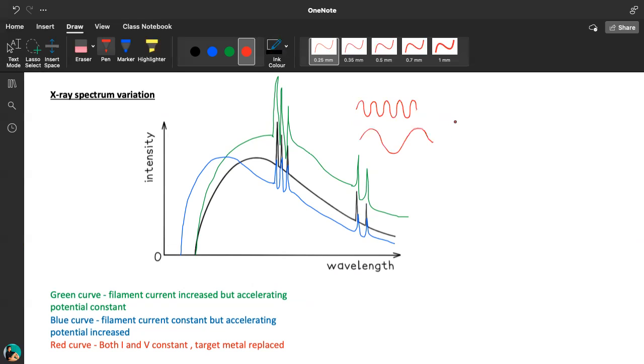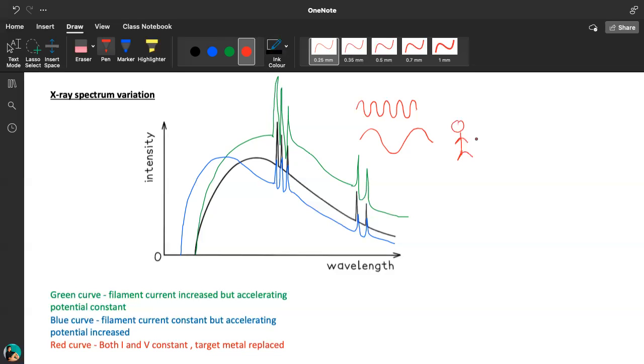And if it's very hard to penetrate the human body, then it will be absorbed by the human body. So in some sense, the longer wavelength X-ray is more dangerous to the human body, because they cannot penetrate through the body.